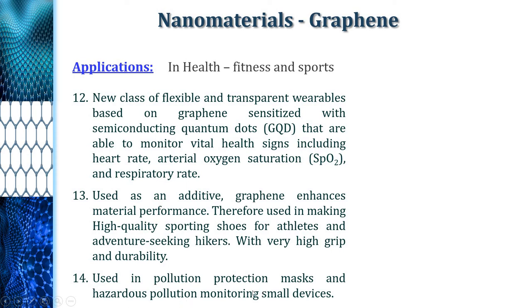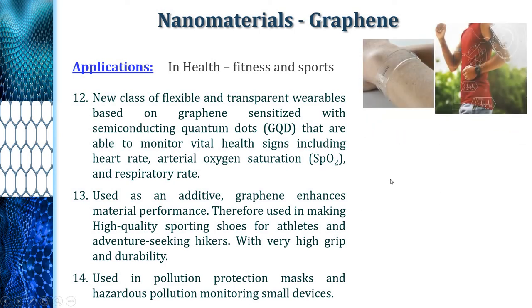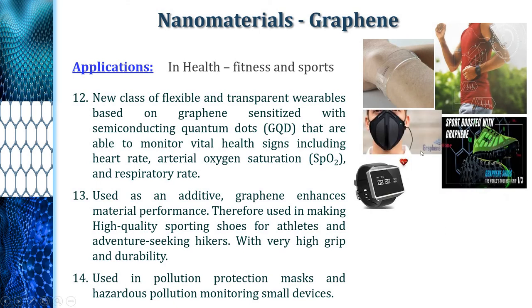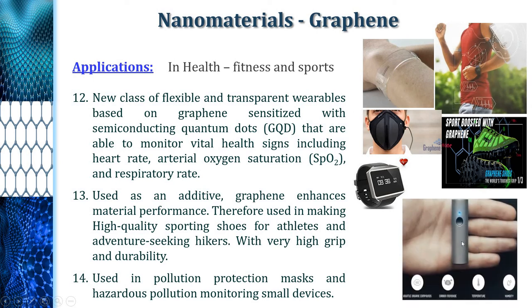Then it is also used in pollution protection masks and small hazardous pollution monitoring devices. So these are the transparent wearables. This is the mask made of graphene, a pollution protection mask, and these are the shoes that have very high grip and contain some amount of graphene. These are some of the small devices used to monitor pollution rates.